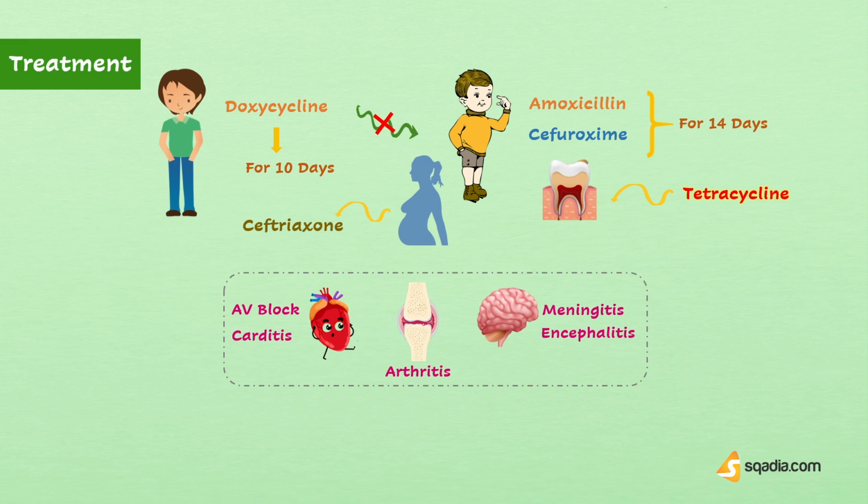Now, there are other symptoms which have to be managed, like for example, patients with Lyme carditis should be admitted and monitored until the ECG features of a heart block subside. Lyme arthritis usually resolves in 6 to 8 weeks. CNS Lyme disease responds well to antibiotics.